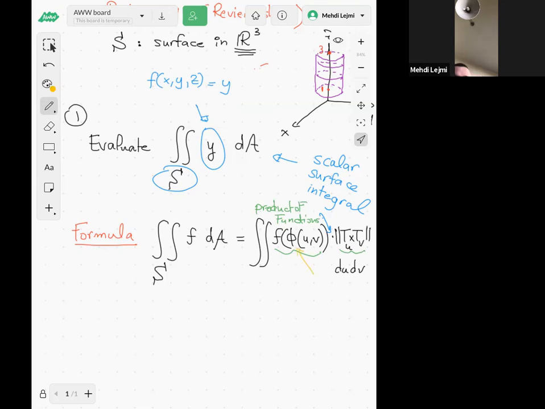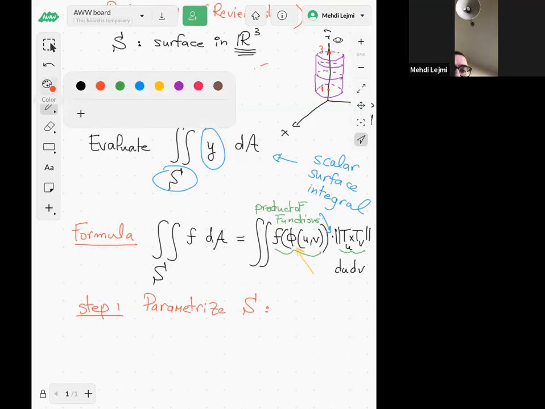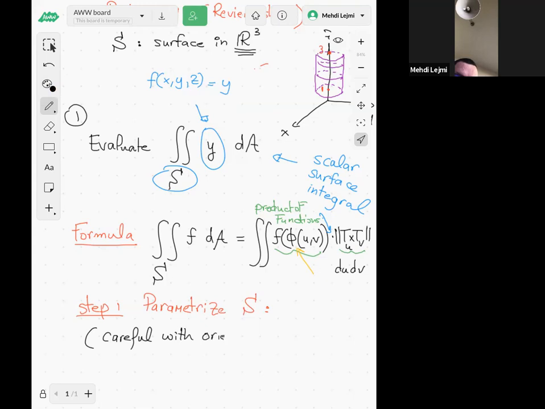This is the parameterization of S. So step one is to parameterize S. And when you parameterize S, you need to be careful with the orientation, because the orientation is given in the problem.